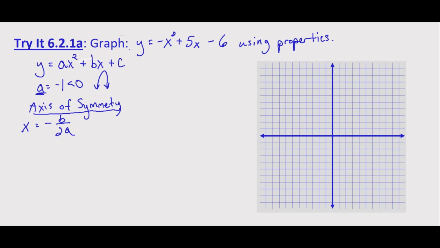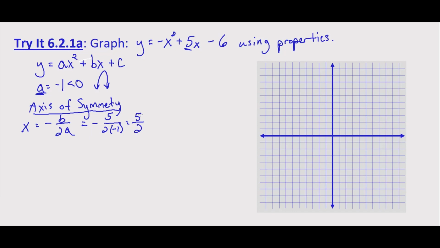Well, we already know that our a is -1, but what's b? b is 5. So we end up with x equals -b over 2a, which equals -5 over 2 times -1, which equals 5 halves.